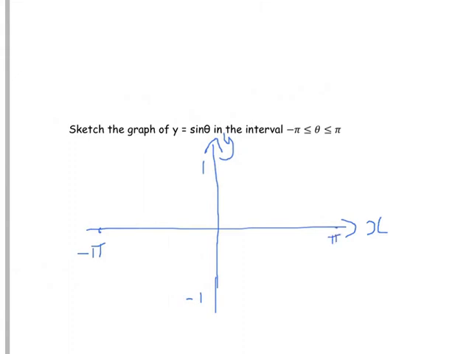If you can just remember a few key things like sine of pi over 2 is equal to 1, sine of 0 and sine of pi is 0, you should clearly be able to sketch this little sine theta between minus pi and pi.